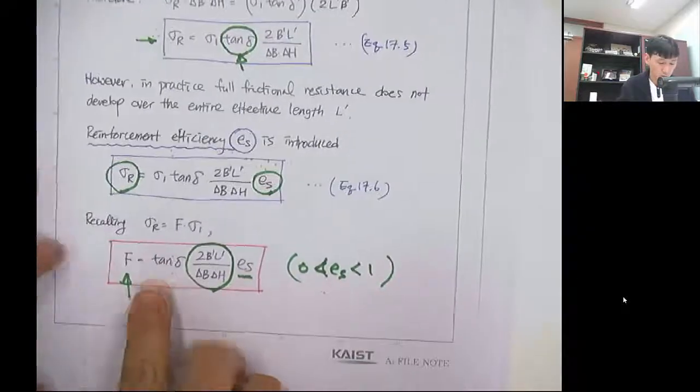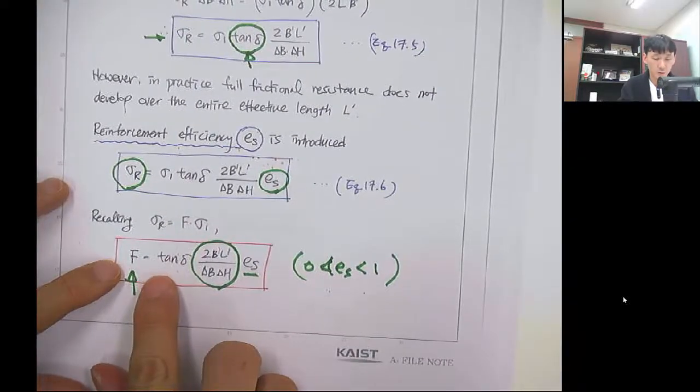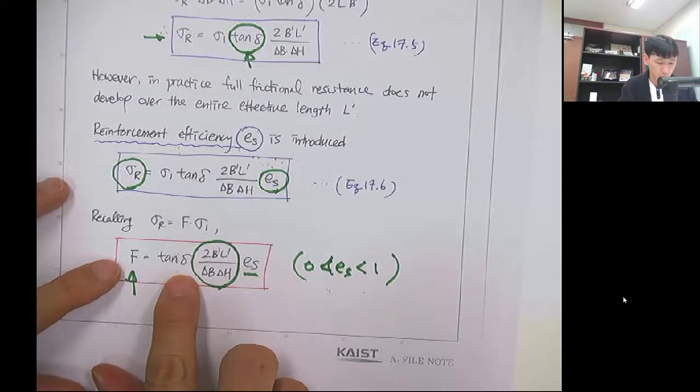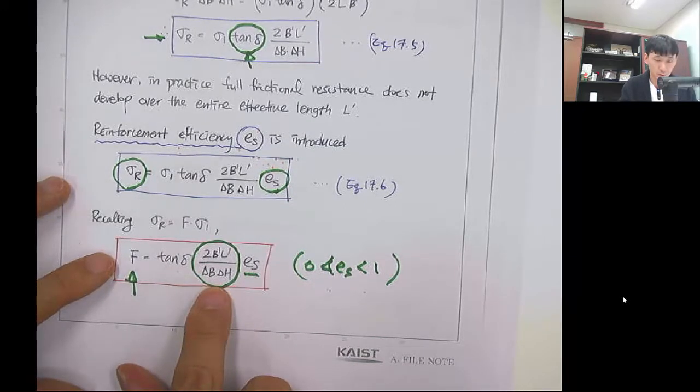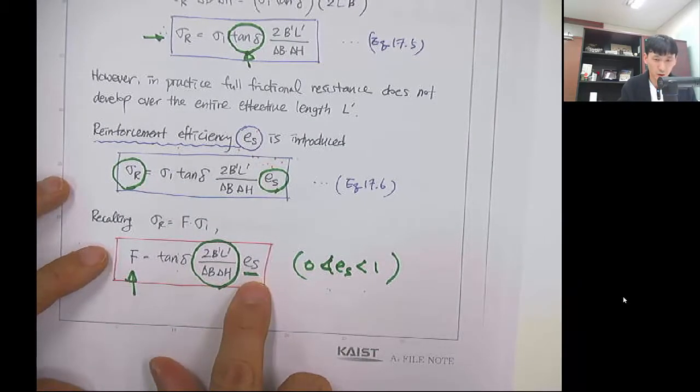And here the frictional factor is a function of the interfacial friction angle between the reinforcement and the soil, and some geometric parameters and the efficiency parameters.